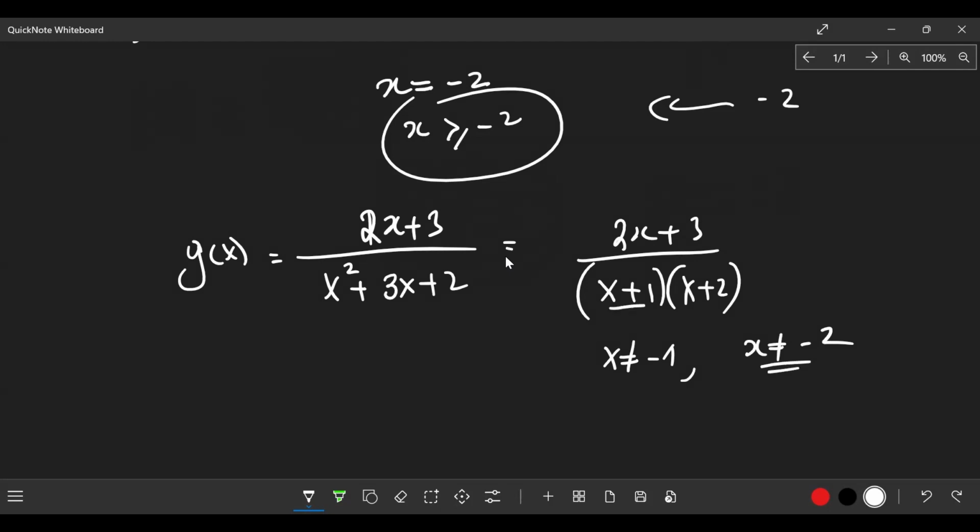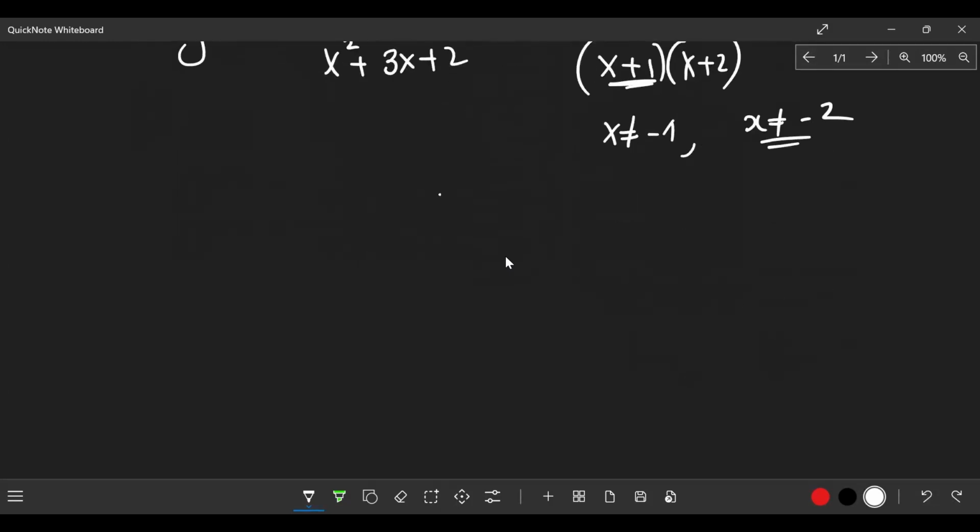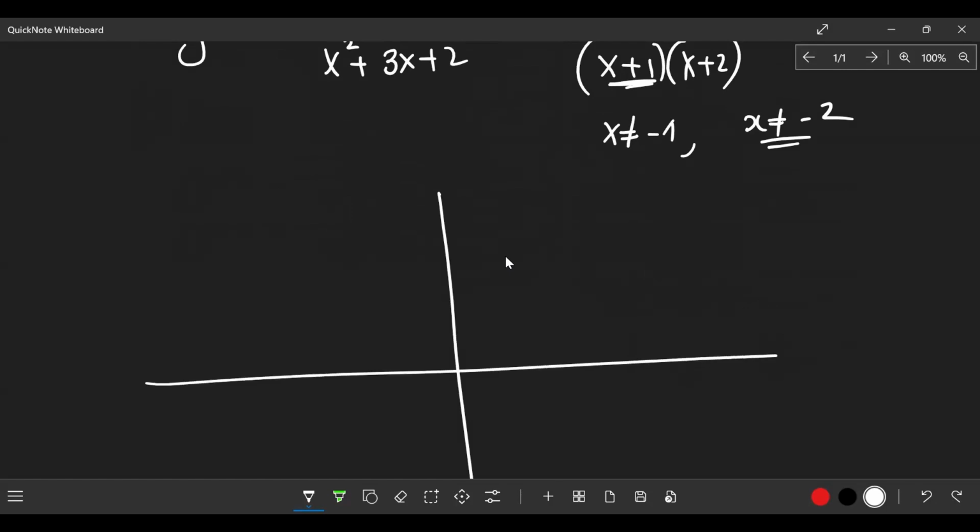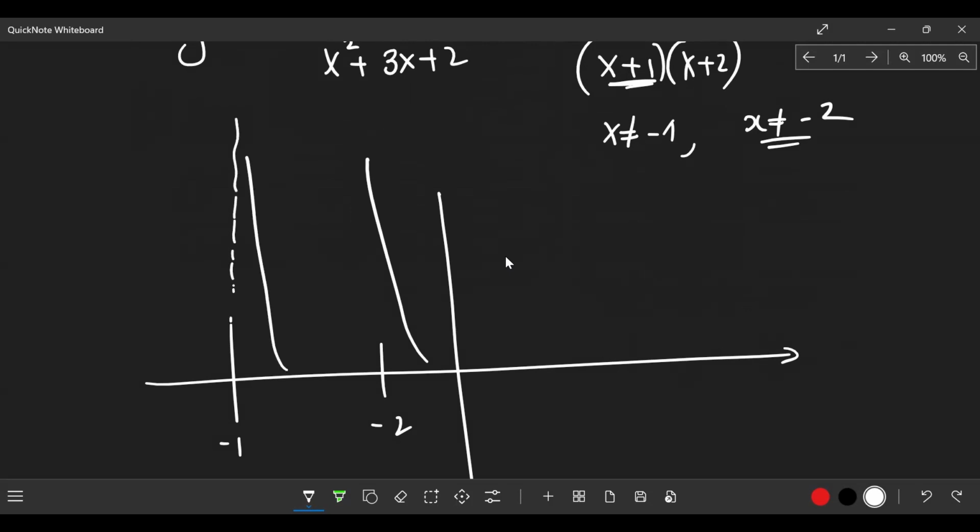Because if you put -1 in here, you're going to have this as 0, and we have a situation where we have a number over 0. The same for -2. So whatever the form of this function is, at -1 and -2 it is going to have asymptotes. It will approach it but never touch it.